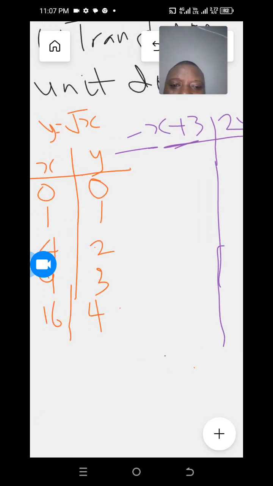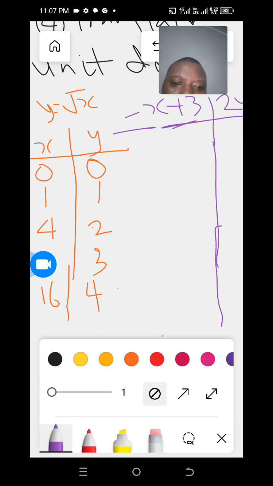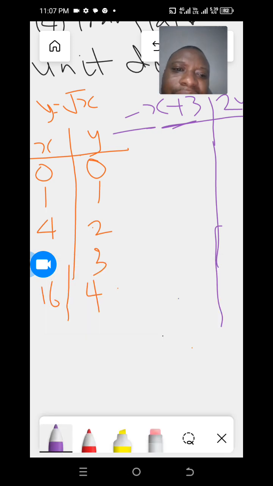So now at x is 0, we have 0 minus 0 is 0, plus 3 here. I think everybody agrees with that. Negative 1 plus 3, that is 2.